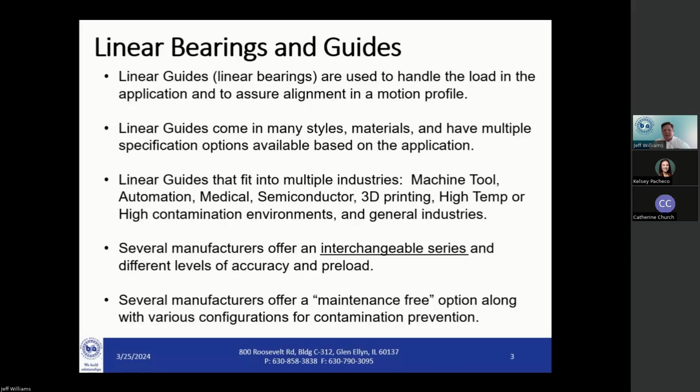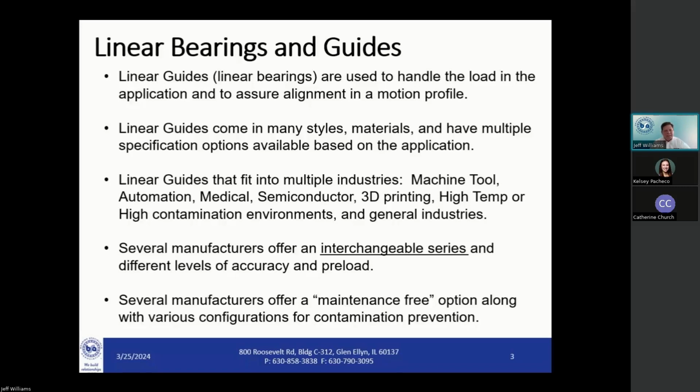Additionally, several manufacturers offer maintenance-free products along with a variety of configurations for contamination prevention. Regarding the maintenance-free aspect, a manufacturer has a unit where the rolling elements are lubricated inside the carriage.